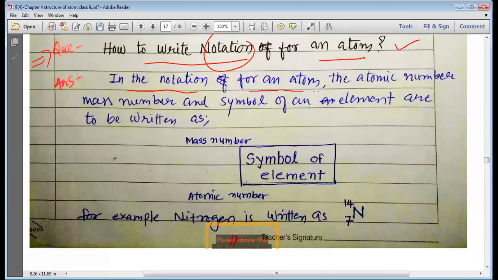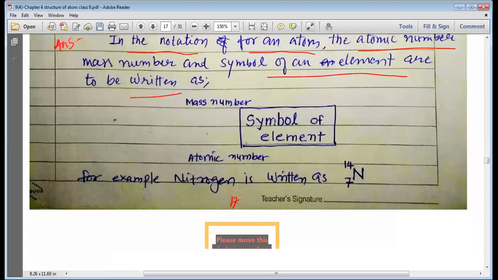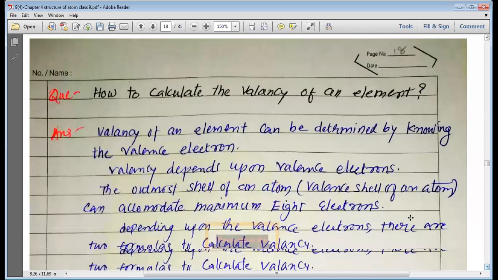In the notation for an atom, the atomic number, mass number and the symbol of an element are written as follows: in the middle we write the symbol of the element, in the subscript we write the atomic number, and in the superscript we write the atomic mass number. For example, nitrogen is written as 7N14. So 7 is the atomic number of nitrogen and 14 is the atomic mass number of nitrogen.